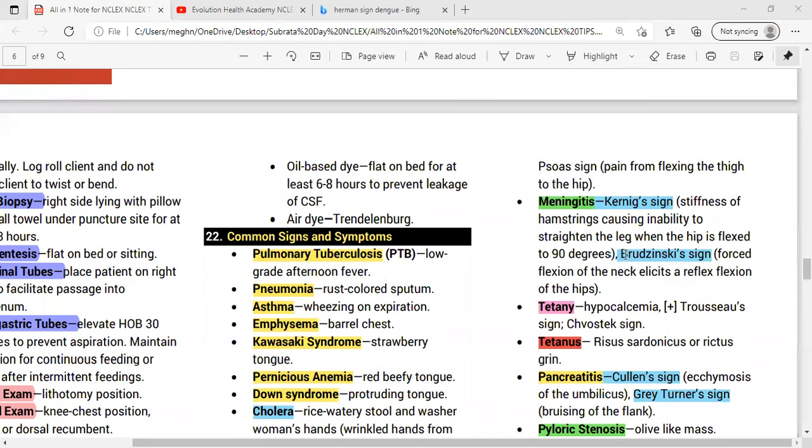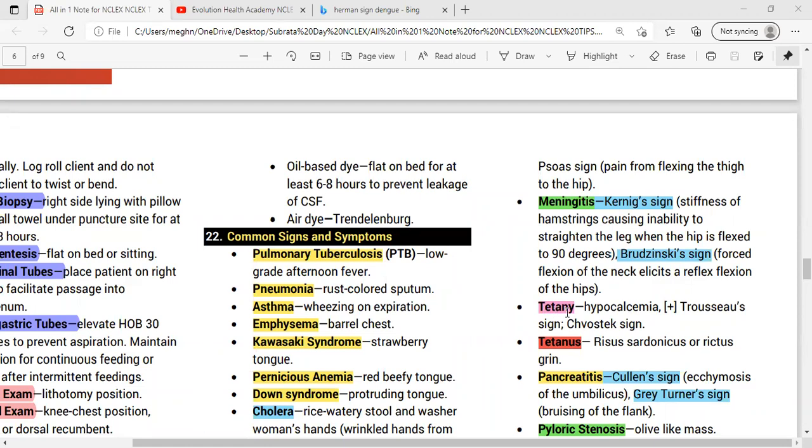And Brudzinski sign is forced flexion of the neck causing flexion of the hip. So usually Kernig sign checks the knee joint, and Brudzinski sign checks the neck.